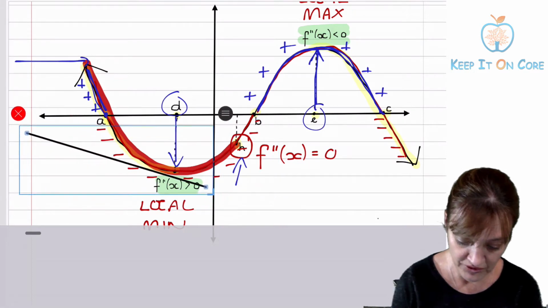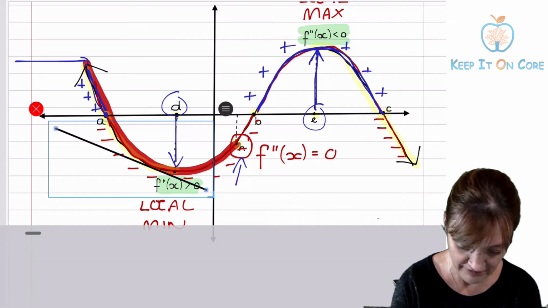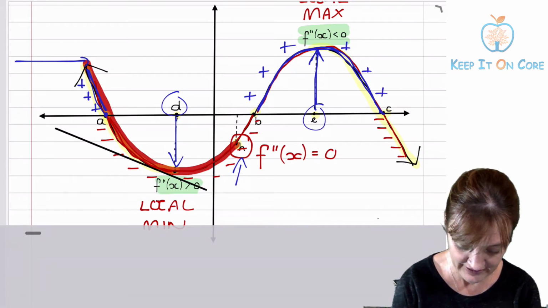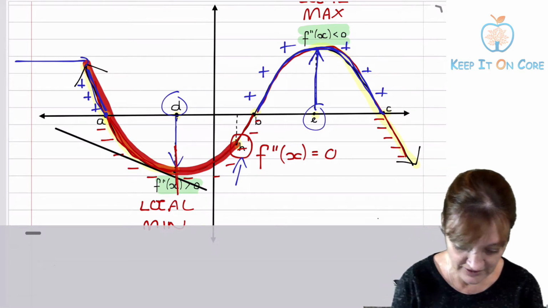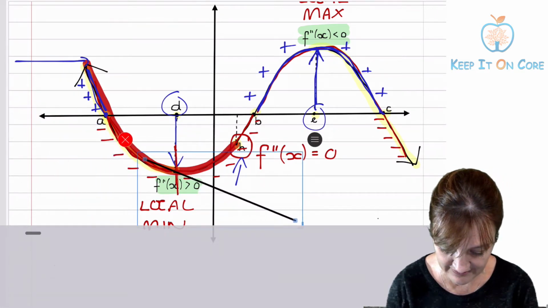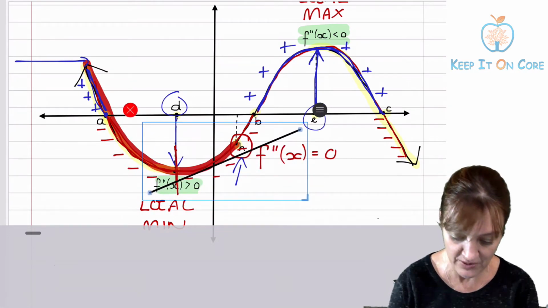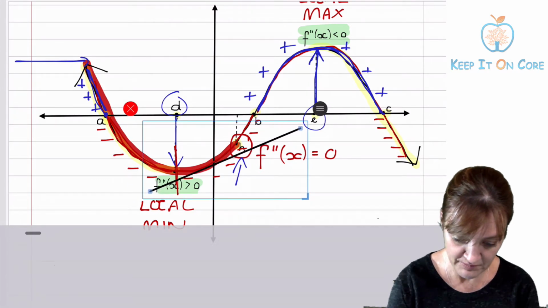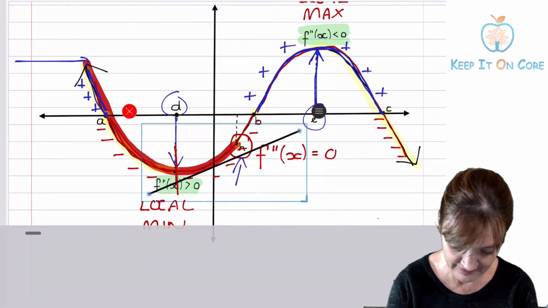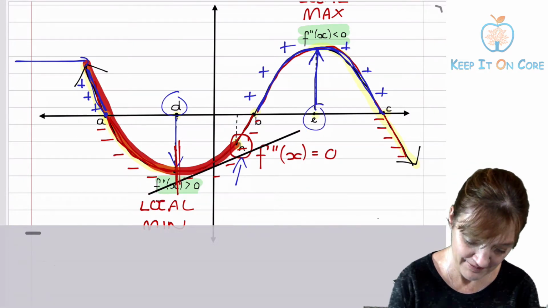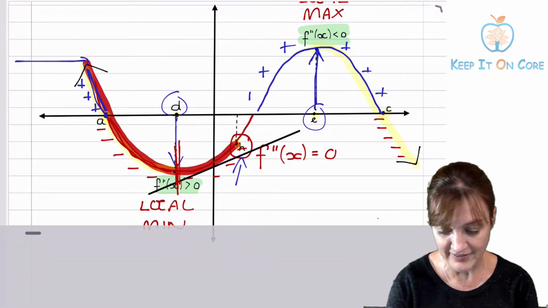Do you agree, if I draw the gradient of my graph anywhere on this side, anywhere from here to here, the gradient is a negative gradient. But from this point onwards, if I drew a tangent to the graph anywhere from here to here, my gradient is going to be positive.